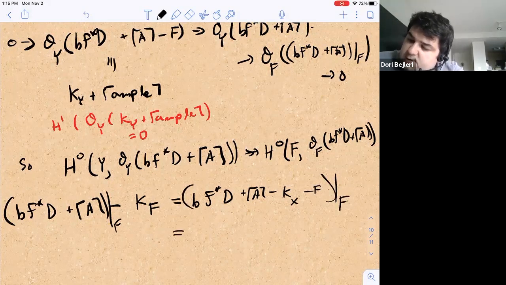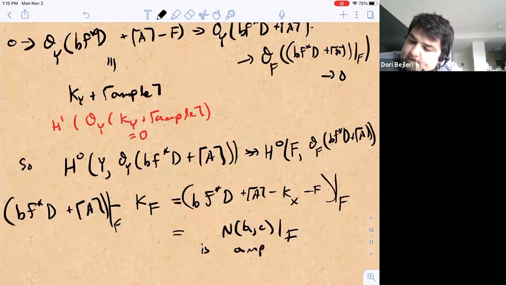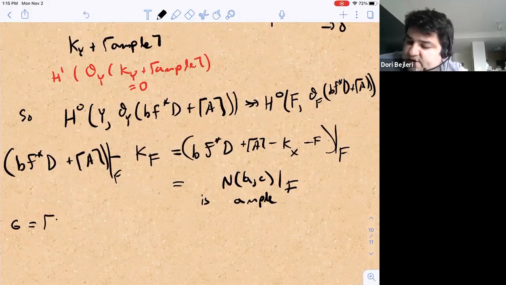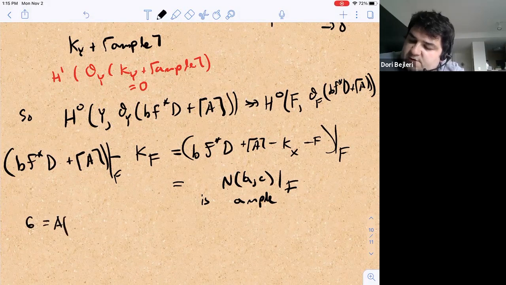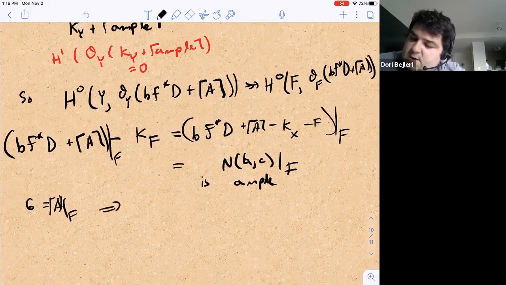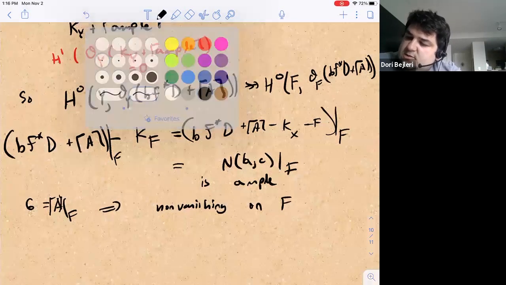But this was n, which is ample. So then taking G to be the roundup of, or really just to be A, I guess, restricted to F, we get non-vanishing on F. So we get that this is not 0.